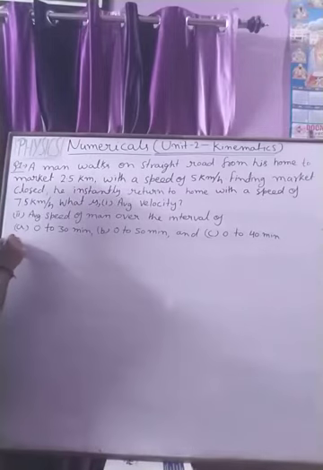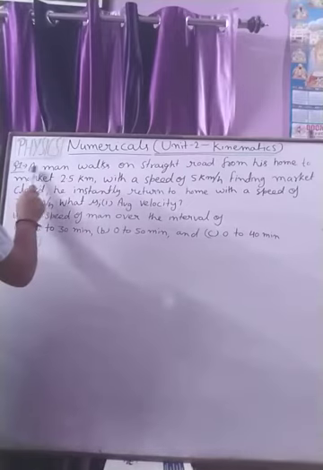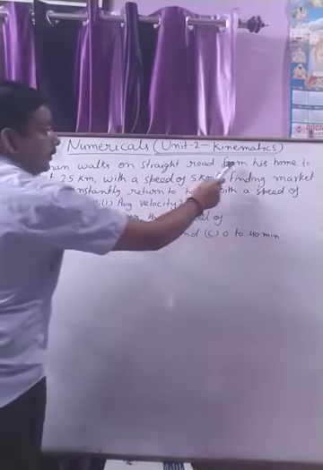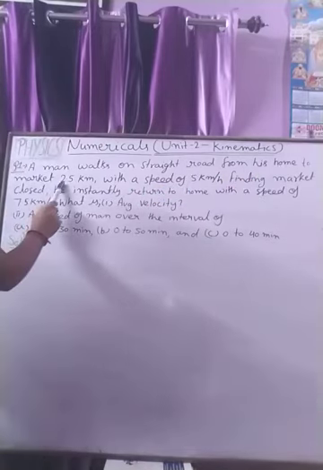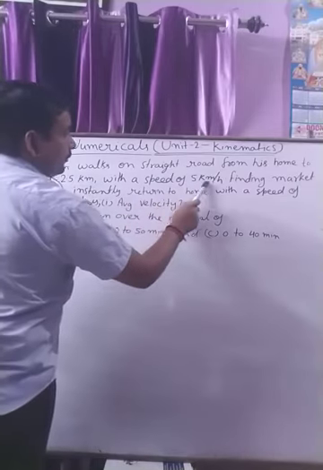Now solution number first. The question is, a man walks on a straight road from his home to market, 2.5 kilometers, with a speed of 5 kilometers per hour.